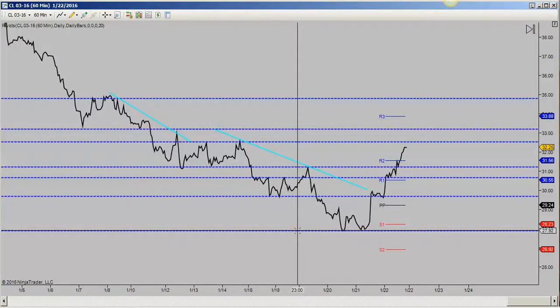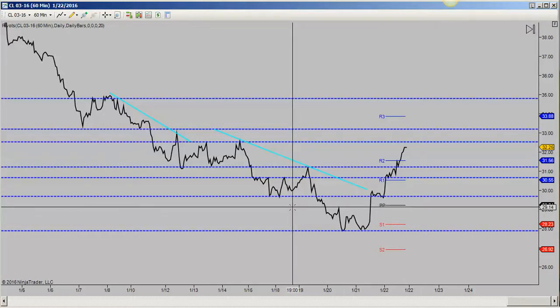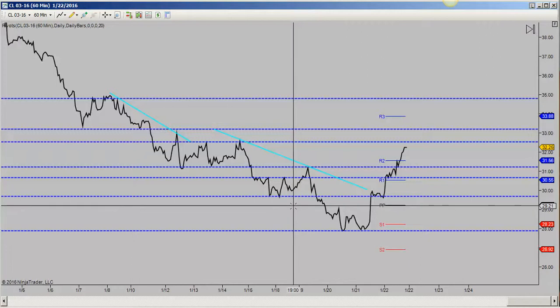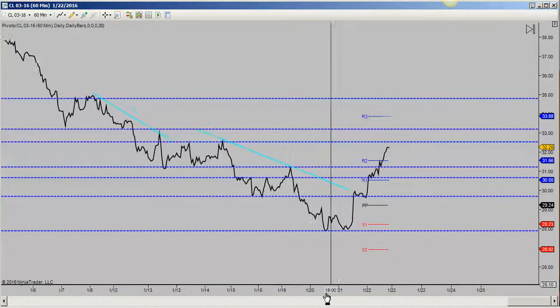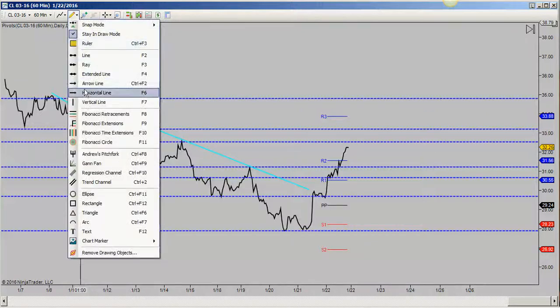It allows you to predict where possible entries could be, and where you could go, where your profit targets would be. Okay, very important to do this first. And when we look at the smaller time frames, you'll see why.